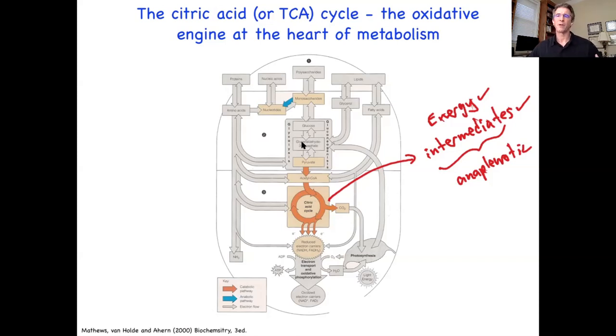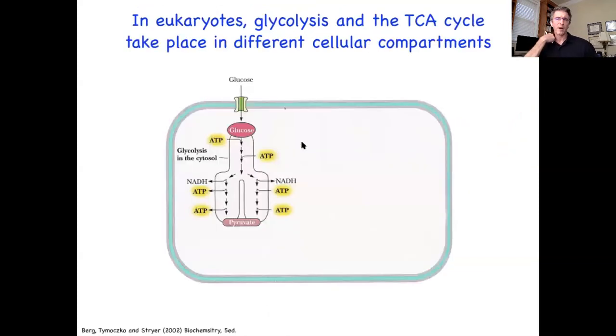Okay, now there's a cell biology wrinkle we should bring in here, which is that hopefully you remember that glycolysis and the TCA cycle are not happening in the same place, right? All the enzymes of the glycolytic pathway that we've been talking about are out in the cytoplasm. People used to think these were just isolated enzymes floating around and the substrates bounce into each other.